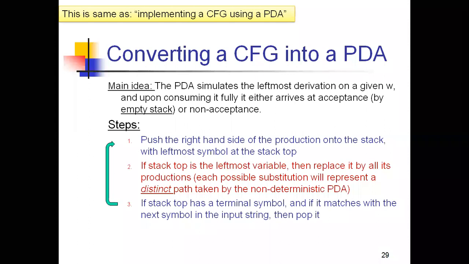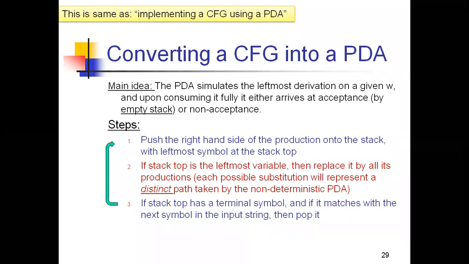And here the top of the stack is always a leftmost variable, and then you need to replace it using the productions of the leftmost variable. The replacing also should be a correct, appropriate replacement, and then you need to make it an acceptance by showing it as an acceptable state.